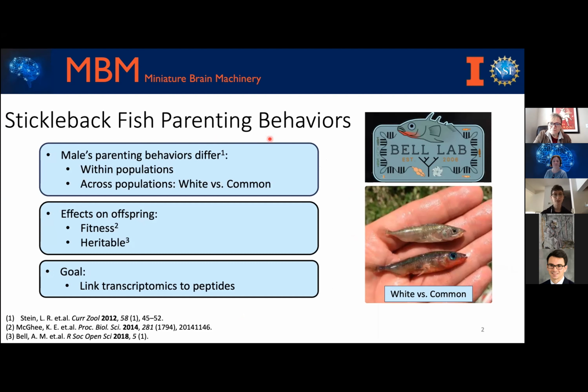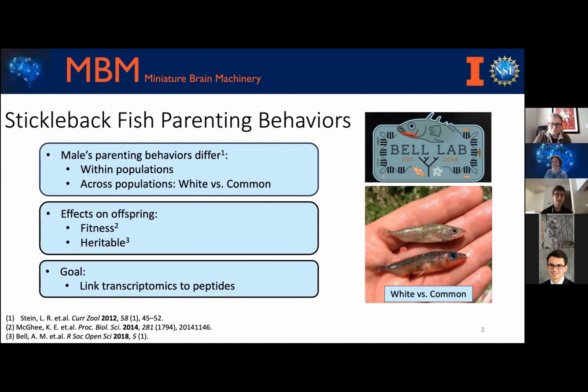So these fish are interesting because the males are the main caregivers, and their parenting behaviors have actually been shown to differ both within populations, so like from individual to individual, and across populations, with one of the more stark differences being between the white fish, which is a very unattentive father, and the common fish, which is a very attentive father.